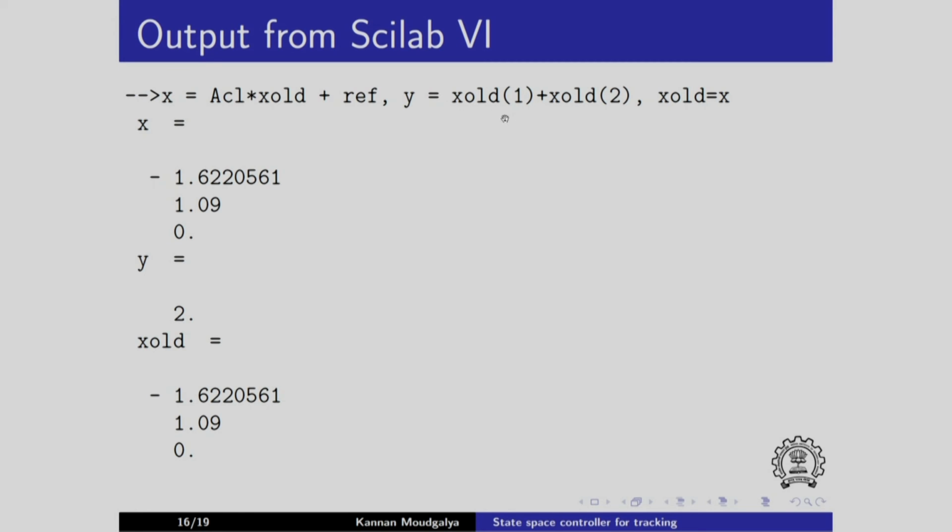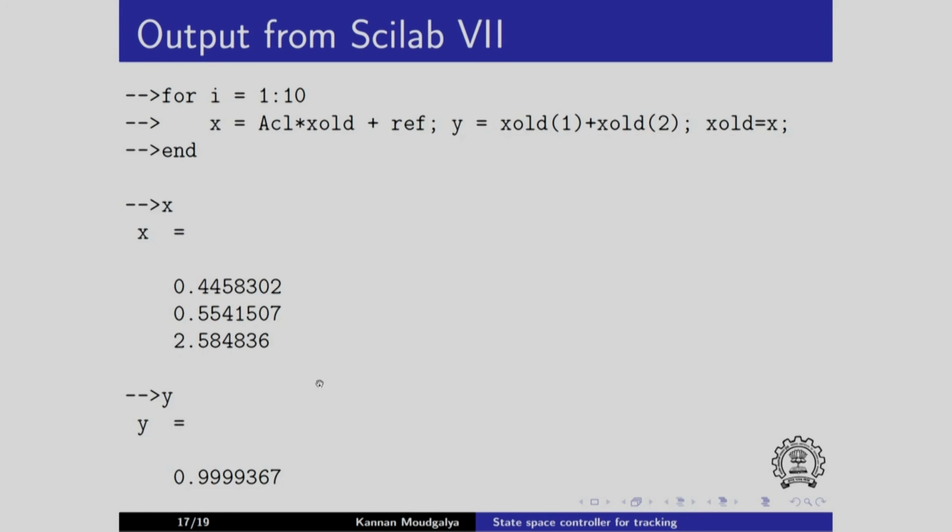So we add first state and second state in the previous state vector. That is why we would want that to be equal to 1, but notice that y is equal to 2. So this is how we started.